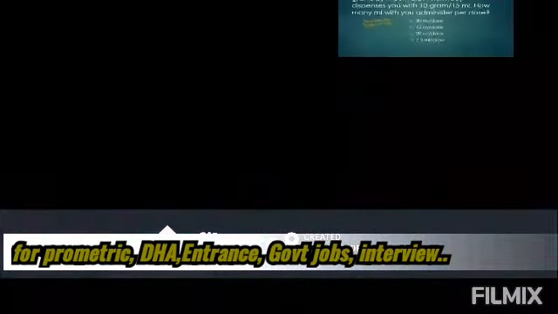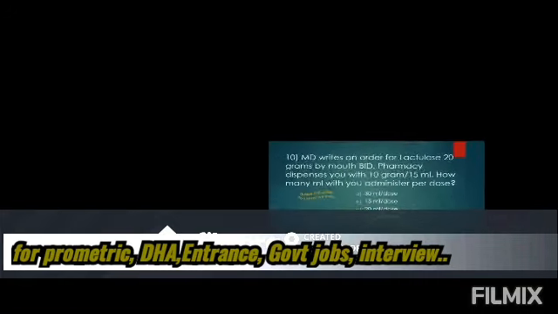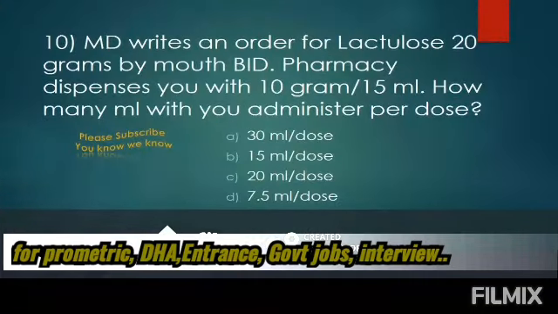So it comes as the 10th question, the last question for the day. The MD writes an order for lactulose 20 grams by mouth, BID. Pharmacy dispenses you 10 grams per 15 ml. How many ml will you administer per dose?